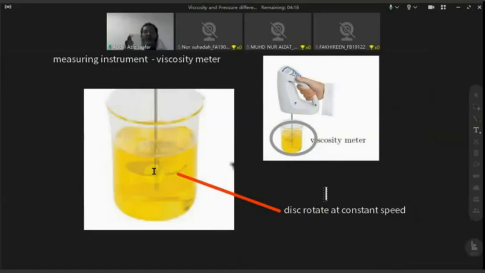So this torque produced by the electric motor is then converted into a value of viscosity to be displayed in the data logger. And for the spinning disc, the torque is transferred through the shaft connecting the spinning disc to the motor shaft.